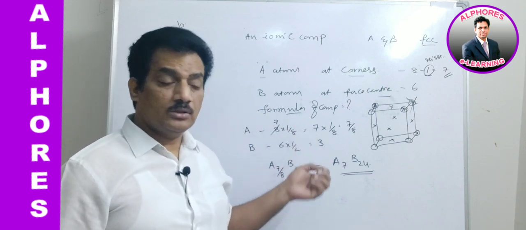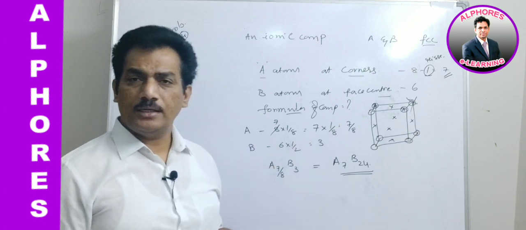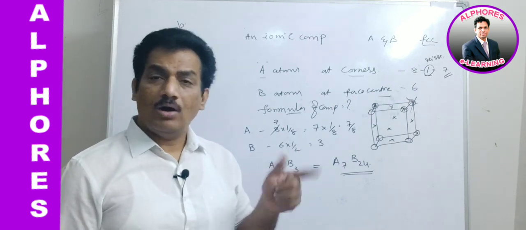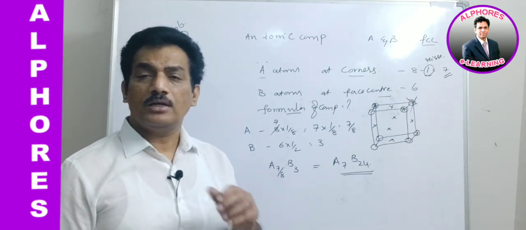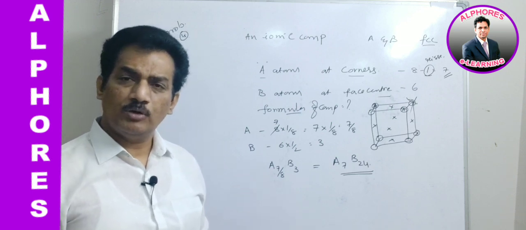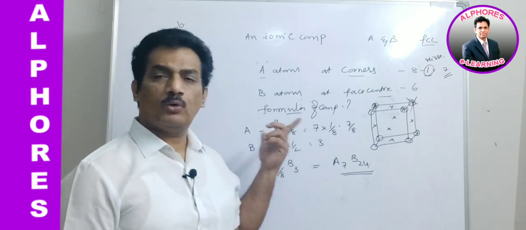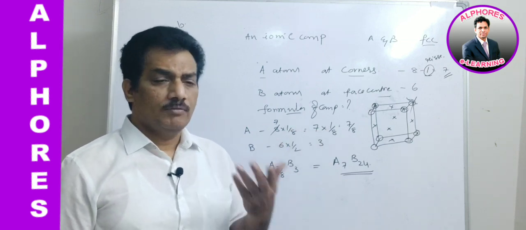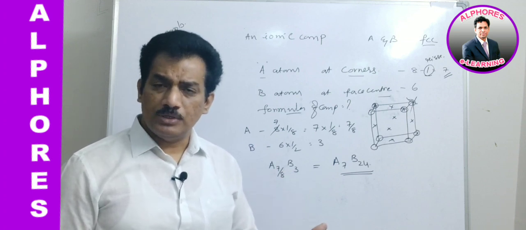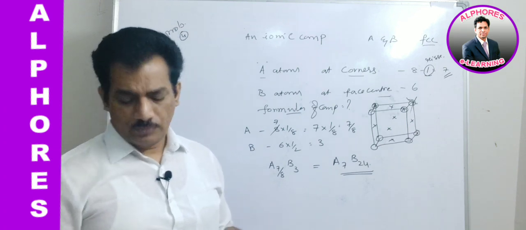In case they ask to find 2 corners missing, then you have to reduce the 8 to 6. In case they ask about alternate corners missing, out of 8, alternate corners means 4 corners missing. Then we have to consider only 4 corner atoms. Like that, when they provide the missing data, just imagine how many atoms are missing and their contribution is not counted. Clear?